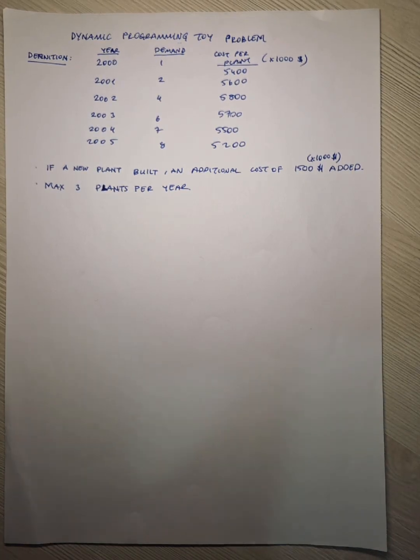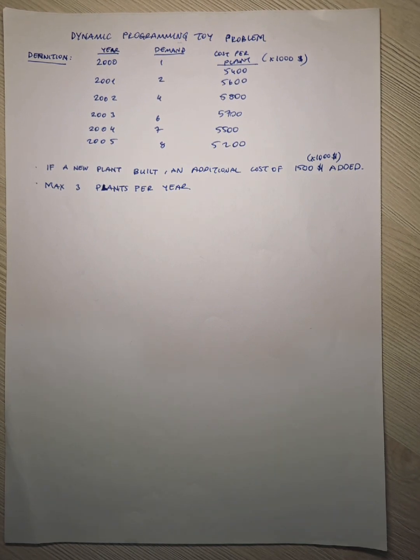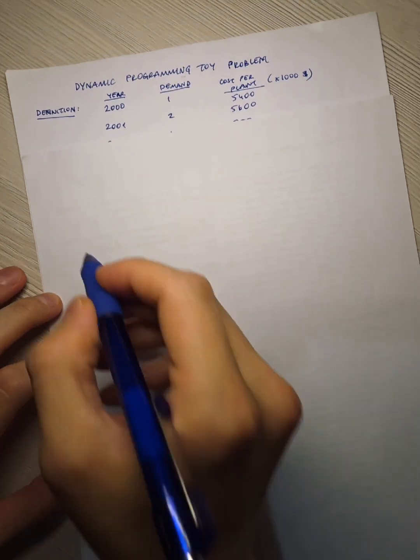Okay, so before I start solving the problem, I want to show you the notation that I'm using, and also I will talk about how we construct these dynamic programming problems. So let's use this draft paper.